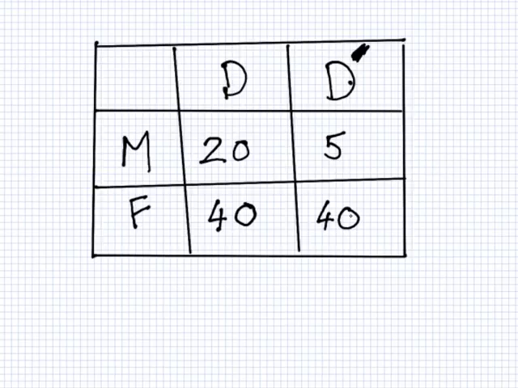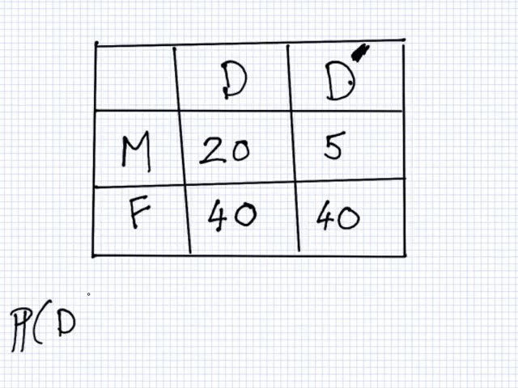Okay. So, hold on. What I want you to calculate is the probability of having the disease given that they're male, and then the probability of having the disease if you know they're female. So I'm looking for the probability of the disease. Now, I want to show you a little bit of shorthand.